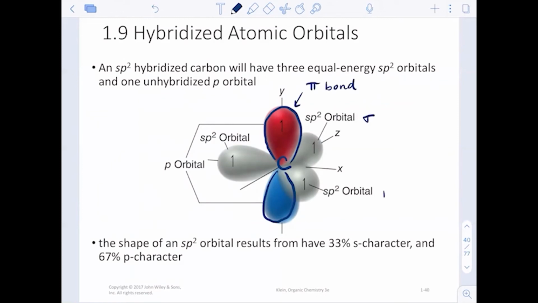Sigma bonds are where we get our hybrid orbitals. And sp2 is very similar to the sp3 in terms of shape, big old difference here is it's going to have a little bit more S character. So think about it being a little bit smaller, a little bit looking more like a sphere.